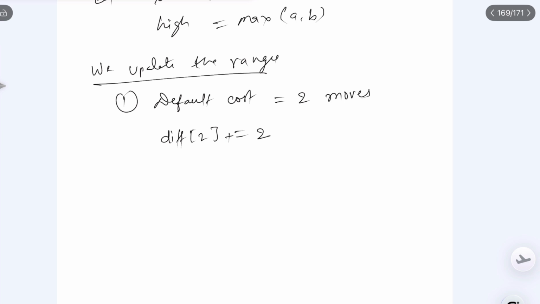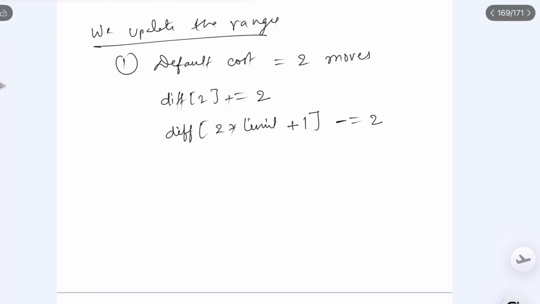Then the difference array at 2 times limit plus 1 we will subtract, because we know the default cost is 2 moves. That is why we have to do this.